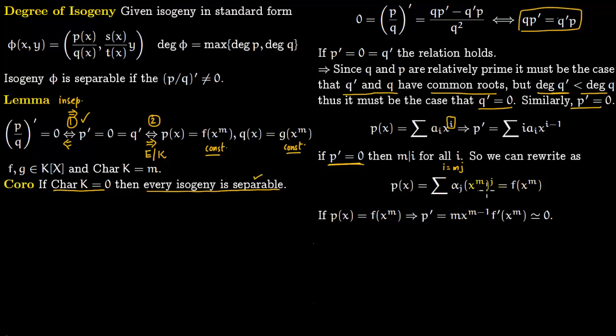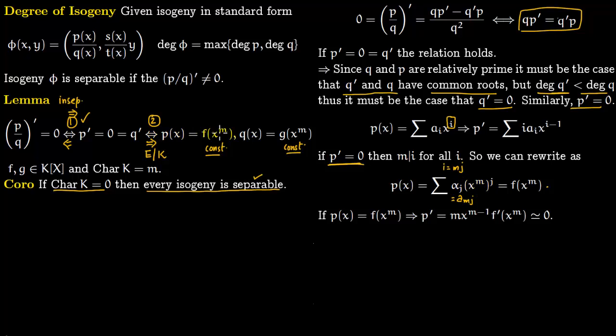So that's it, and then you can write it as f of x to the m. To be more precise, instead of alpha_j you can rewrite it as a_j, instead of i you can put in mj, but that doesn't make any difference because our polynomial is now in terms of x to the m.